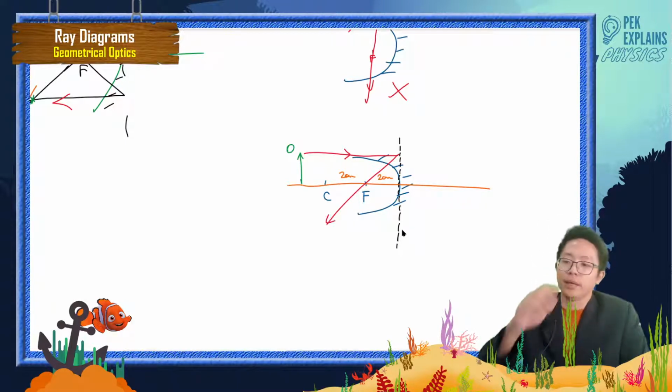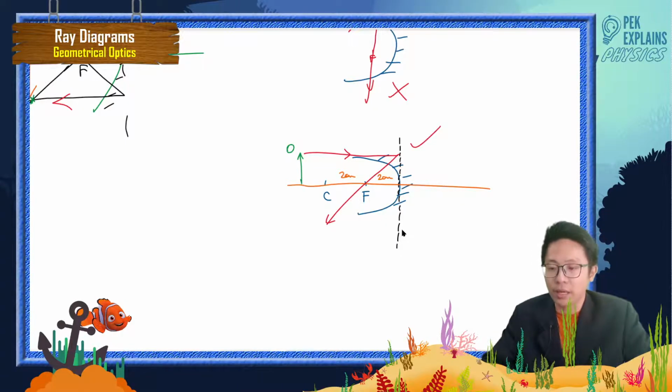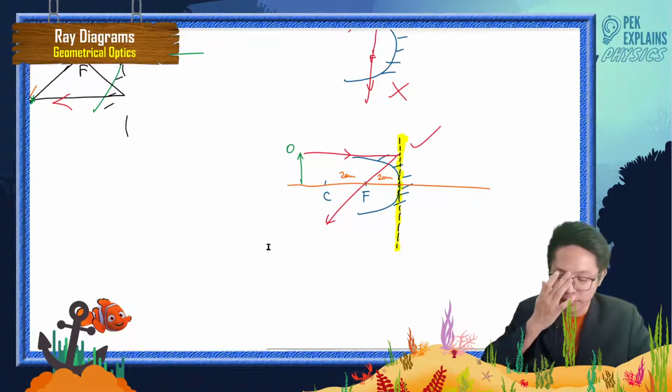That's it. This is correct. I want you to touch the straight line instead of the mirror, because your mirror looks very terrible. I want you to touch the light on the straight line and then reflect it away. Okay, understand?